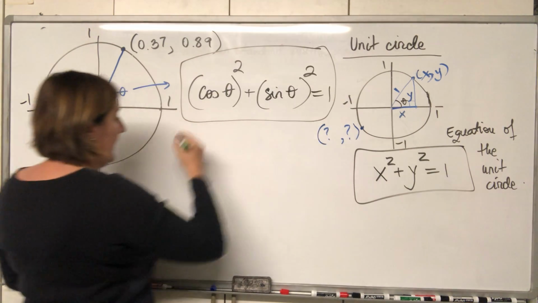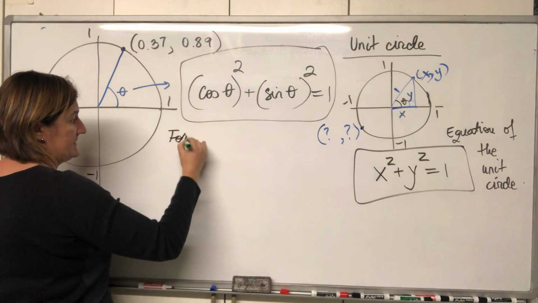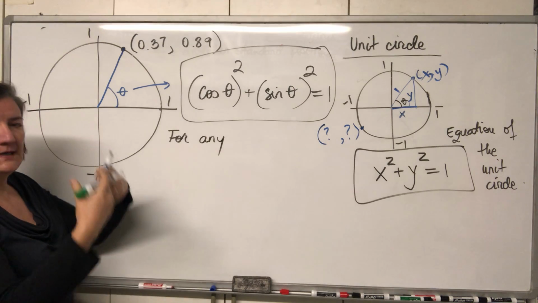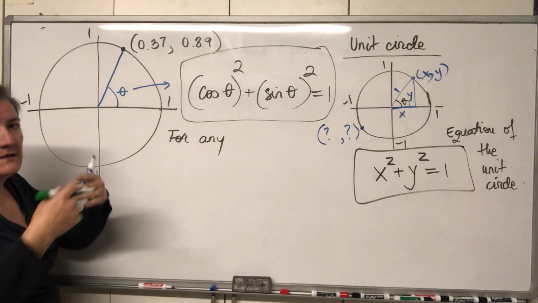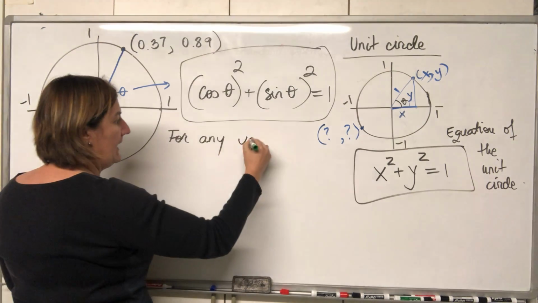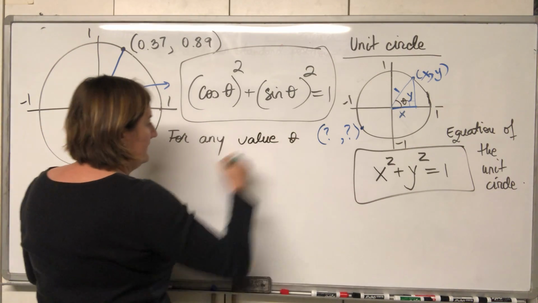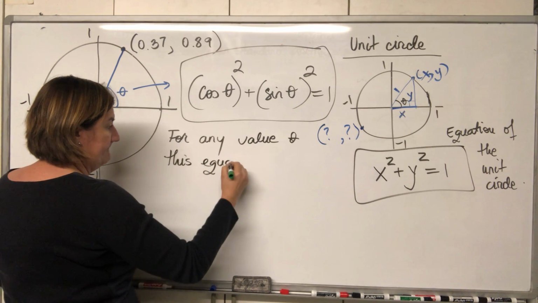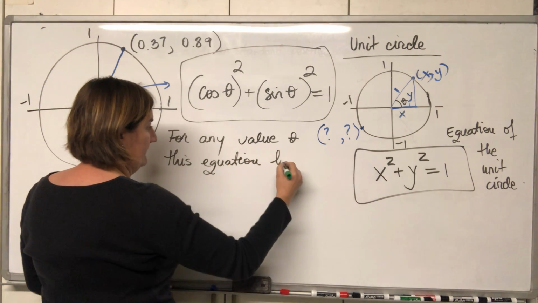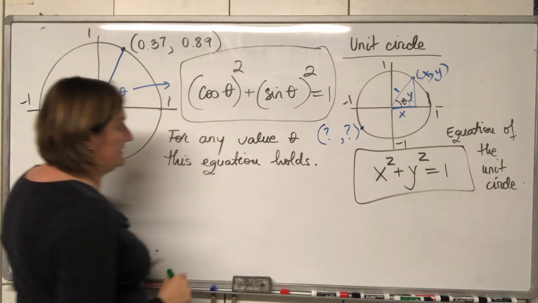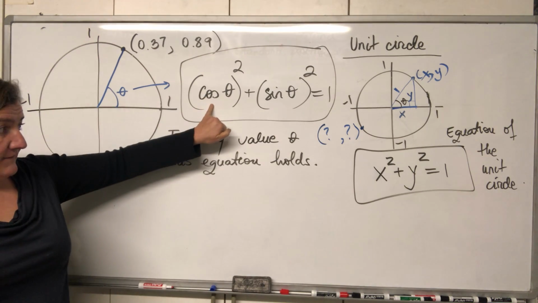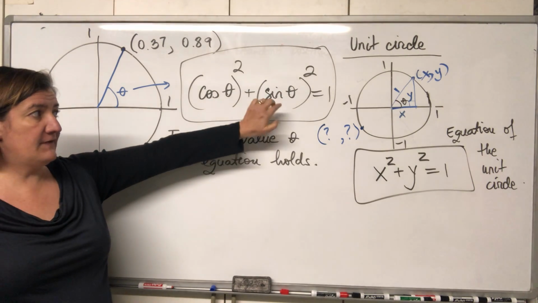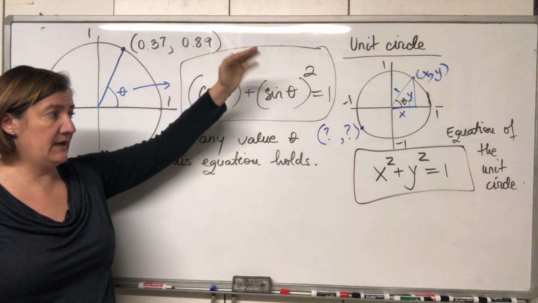So for any value theta, angle or not, real number or not, degrees, radians, simply real numbers, this equation always holds. And what do I mean by this equation? That the cosine value of this number, squared, plus the sine value of this number, squared, is equal to 1.